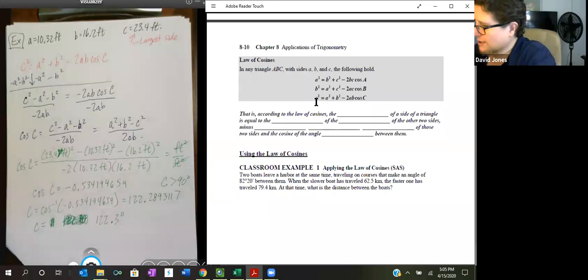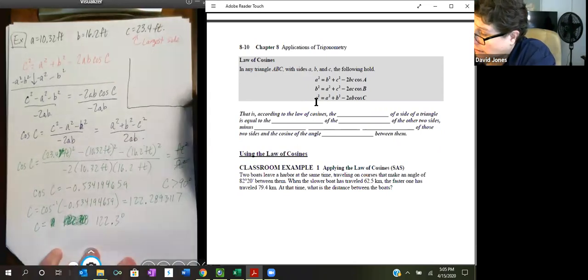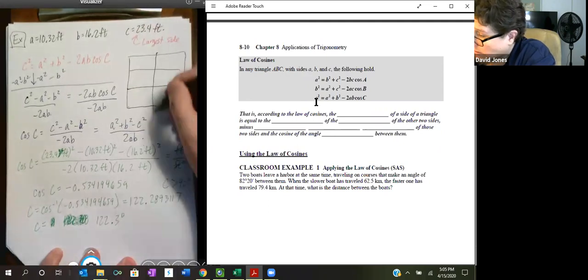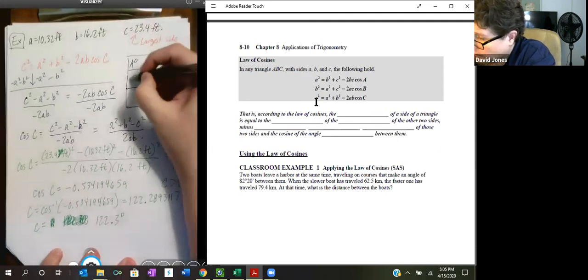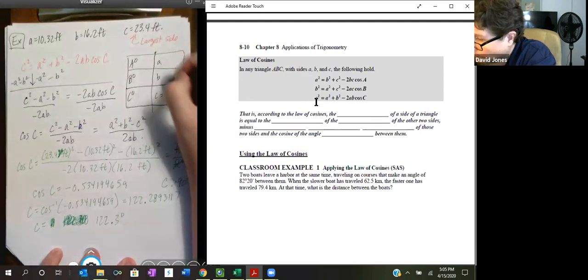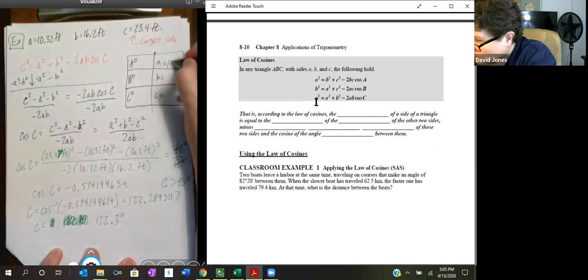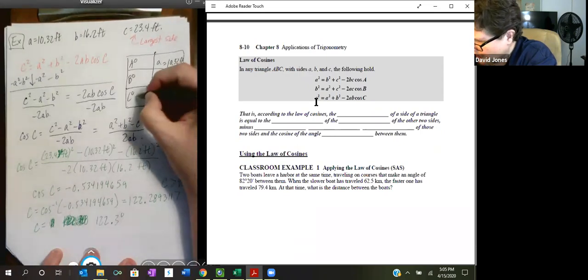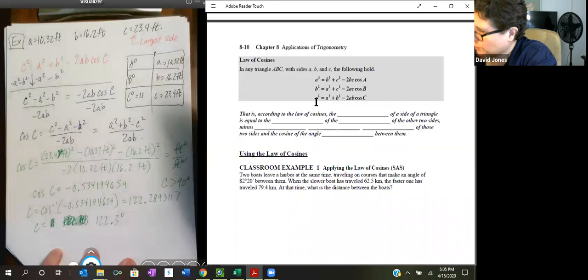Okay, so what do we have so far? We just found C to be 122.3 degrees.